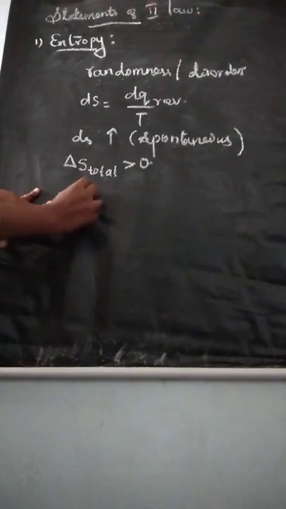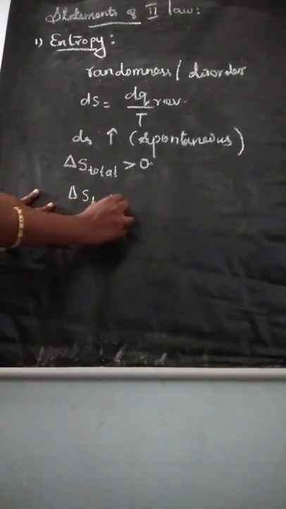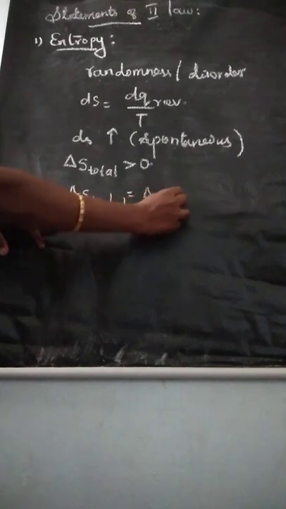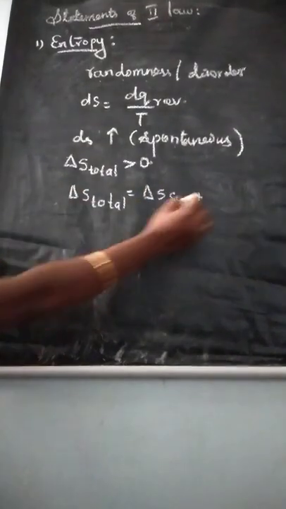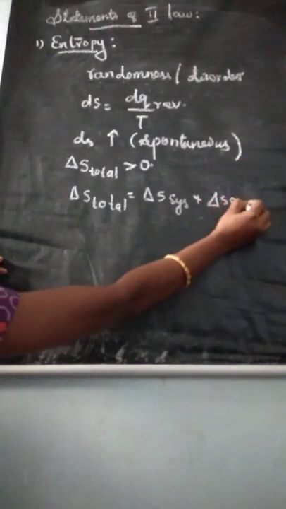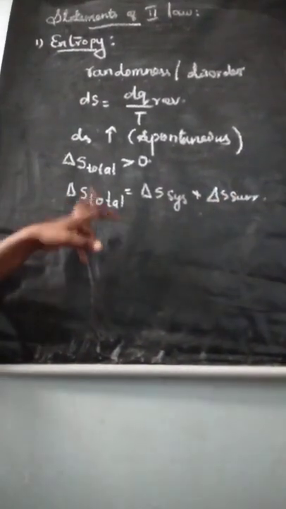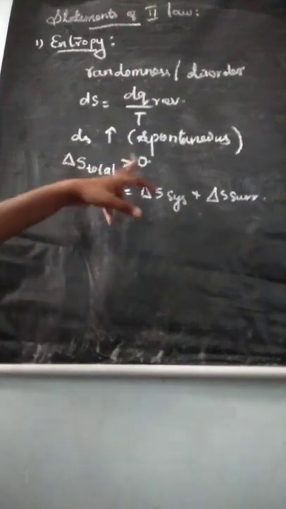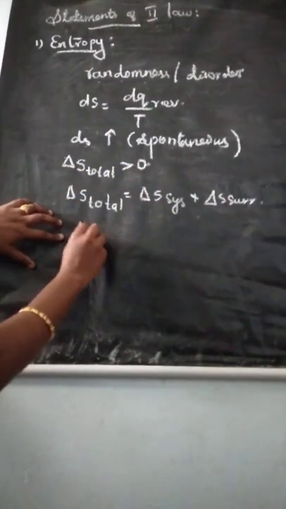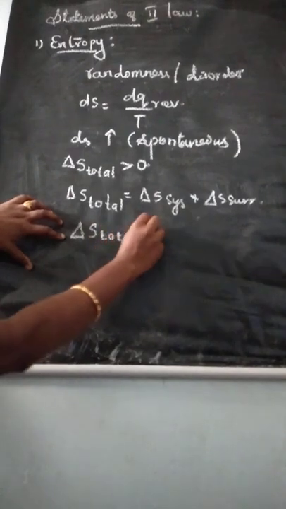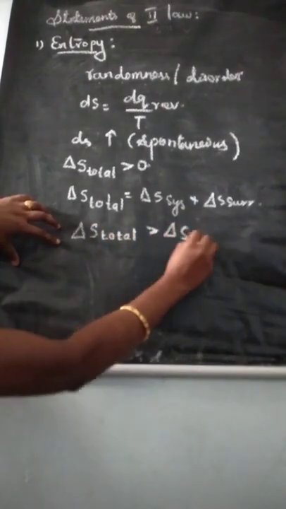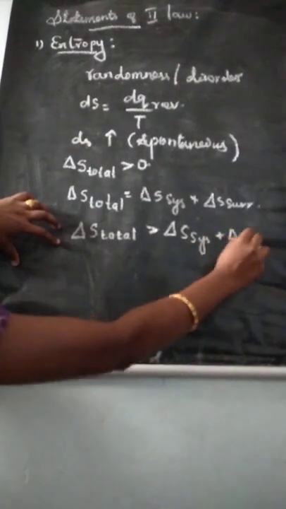You already know the total entropy formula: delta S total is equal to delta S system plus delta S surroundings. Here we learned this value is greater than 0, so delta S total is greater than 0.